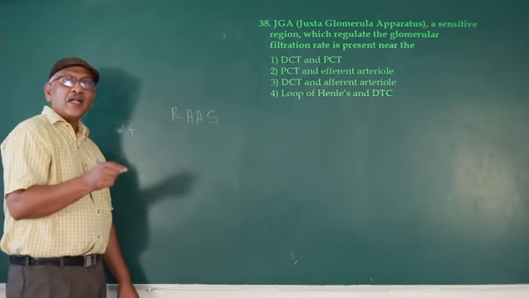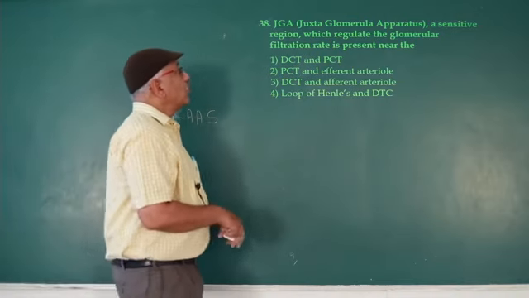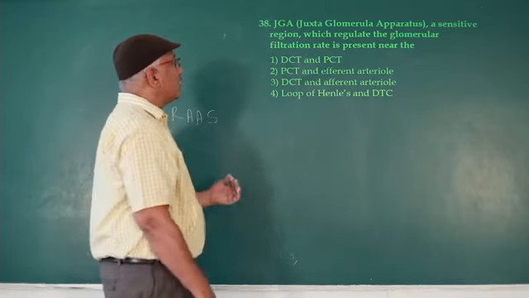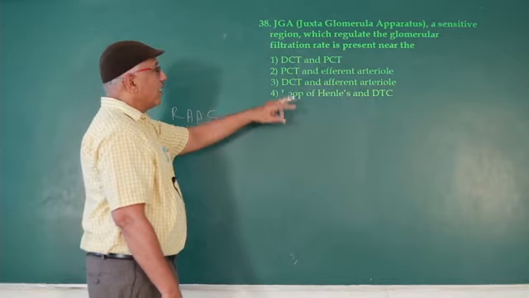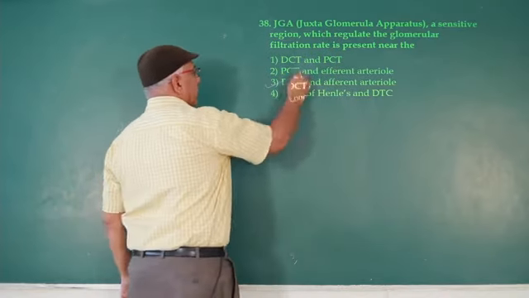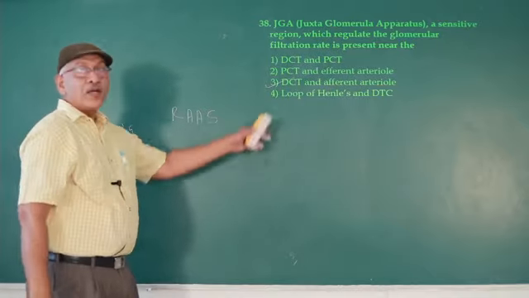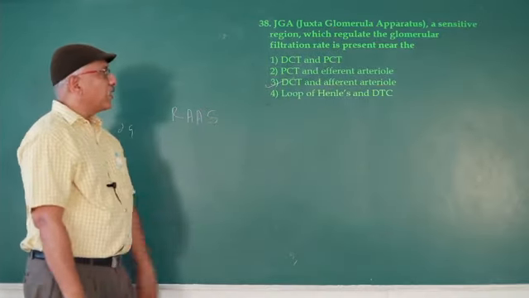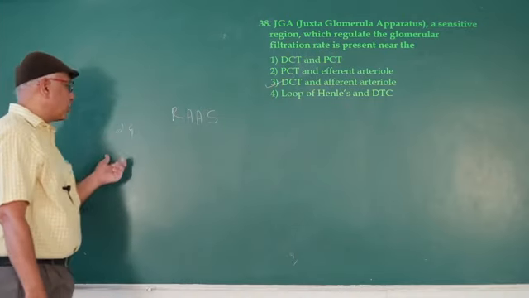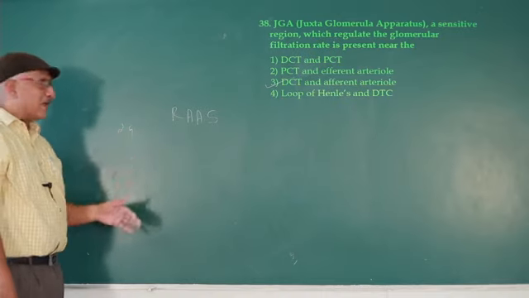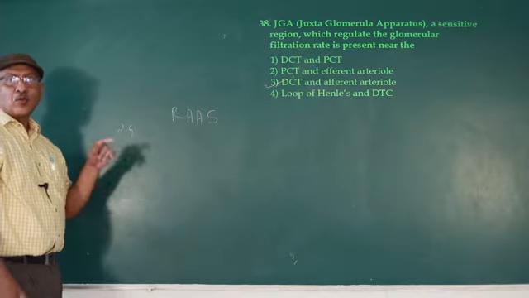And atrial natriuretic peptide is a vasodilator. So the juxtaglomerular apparatus is a sensitive region which regulates the glomerular filtration rate, present near the DCT and afferent arteriole: the modified epithelium of DCT, macula densa, and modified smooth muscle cells of afferent arteriole, juxtaglomerular cells. Macula densa and juxtaglomerular cells together are known as the juxtaglomerular apparatus.